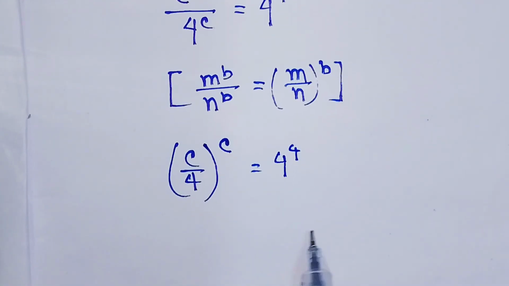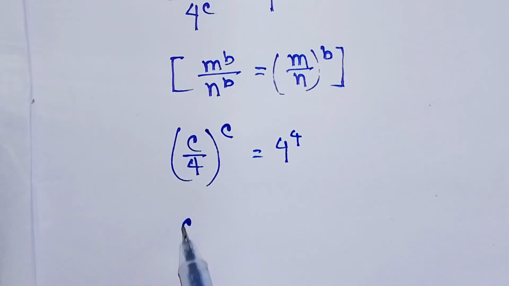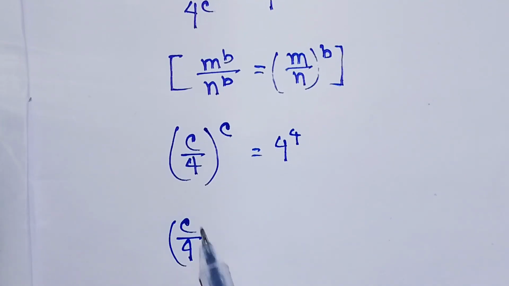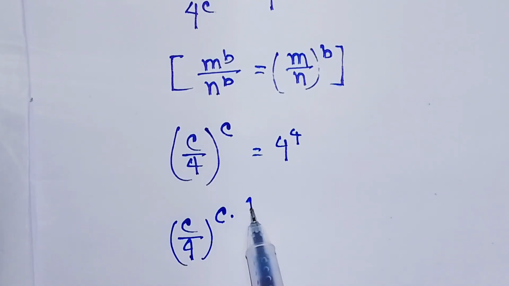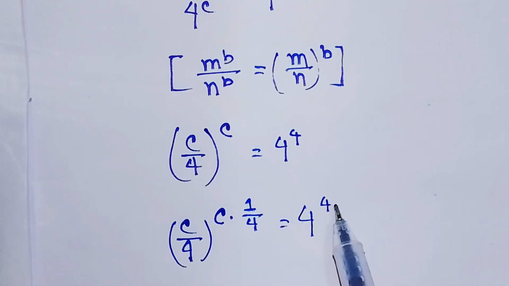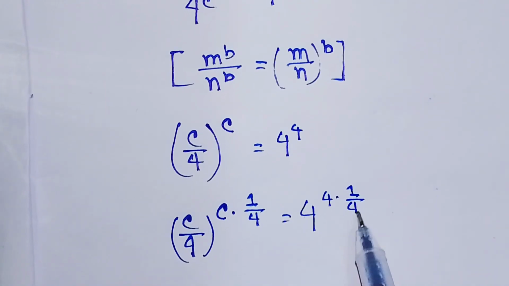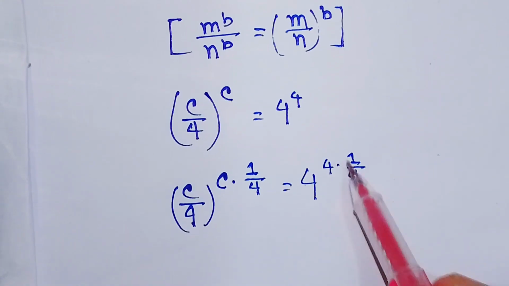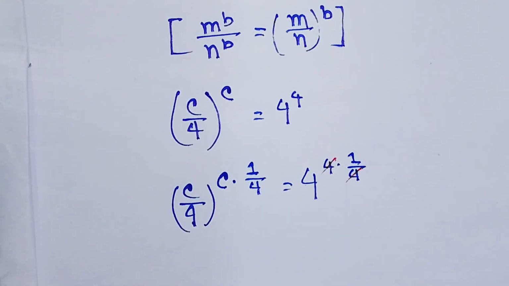Now we use 4 to the power 4, bracket c, times 1 by 4 equals 4 to the power 4 times 1 by 4. We just cancel this 4 and this 4.